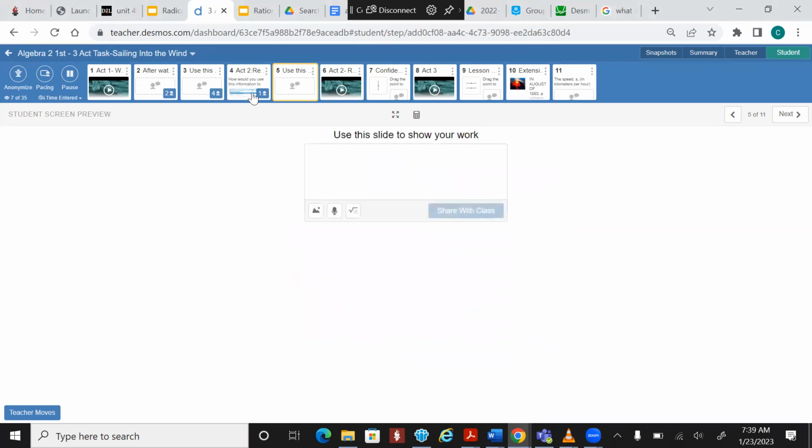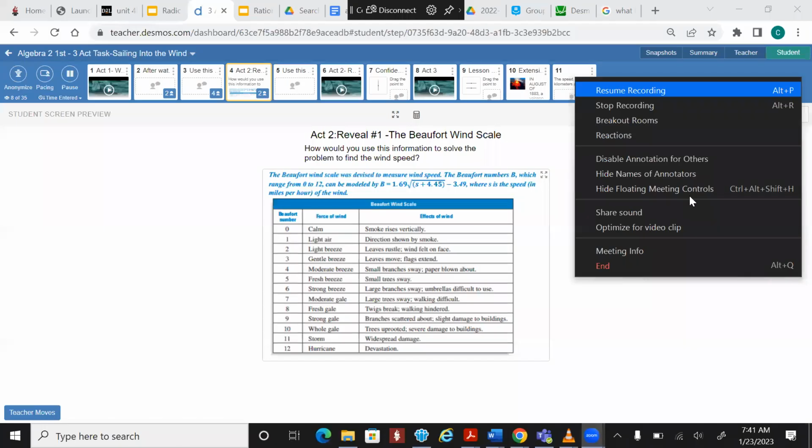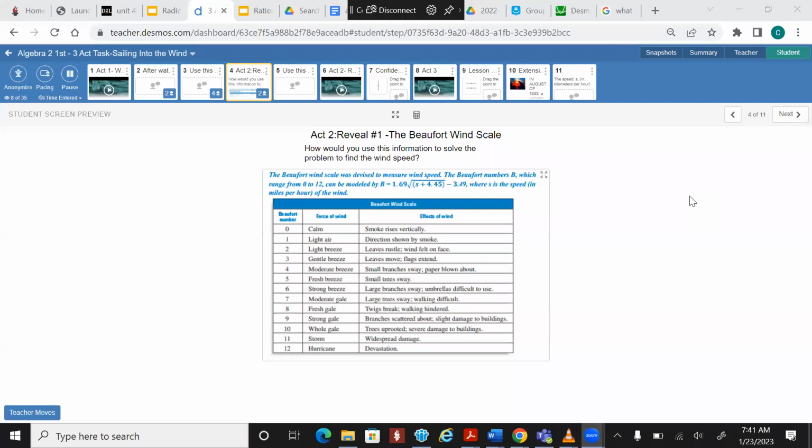On slide number 5, you can use that slide to show your work. Like, is this information even helpful? What will we be solving for?